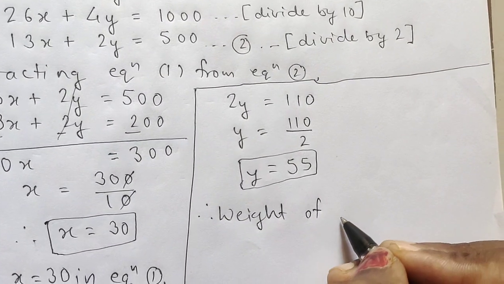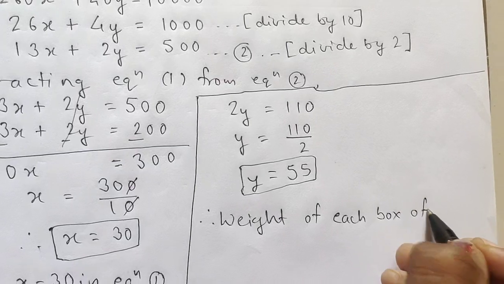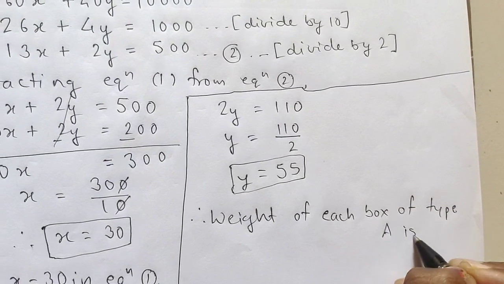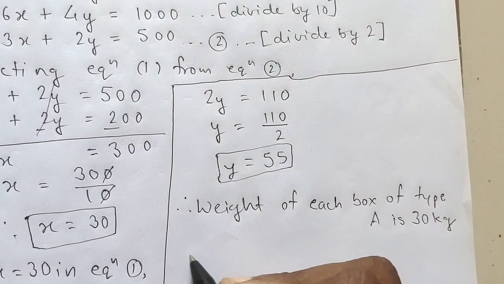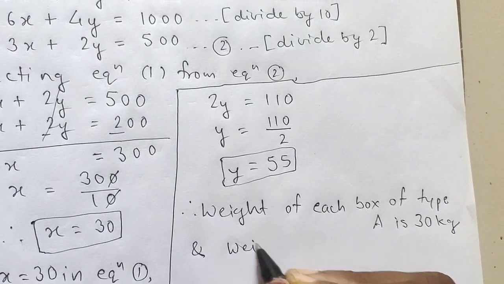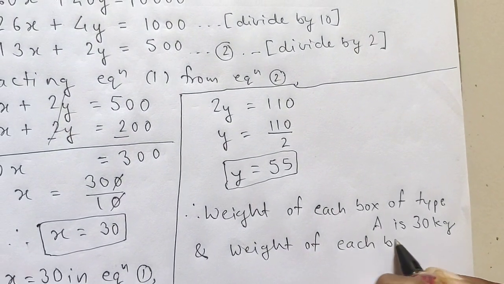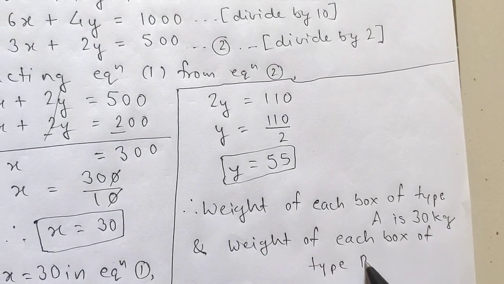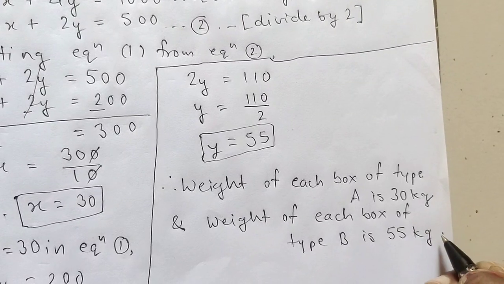So weight of each box of type A is how much? That is x, 30 kg, and weight of each box of type B is how much? 55 kg. That is your y value.